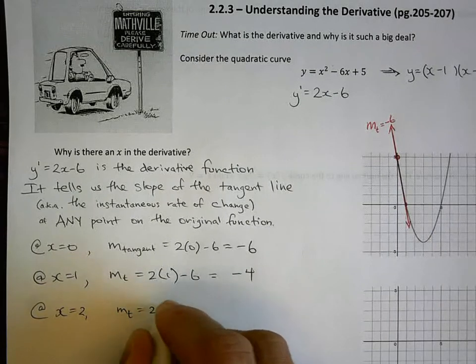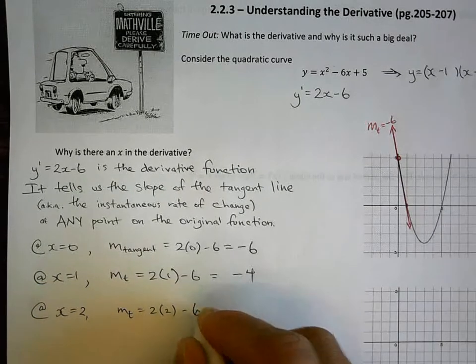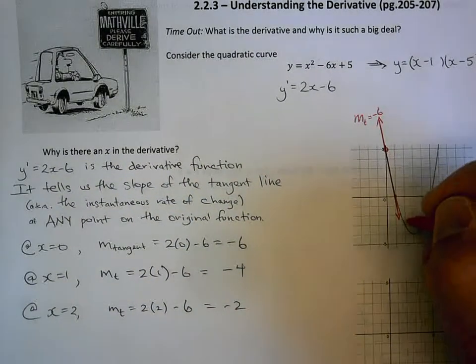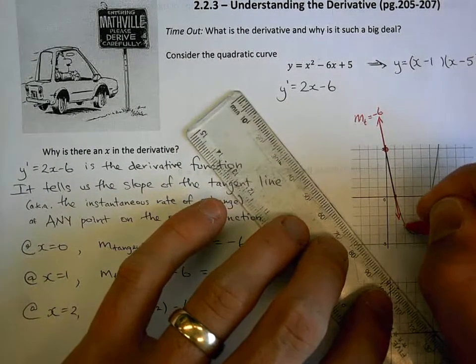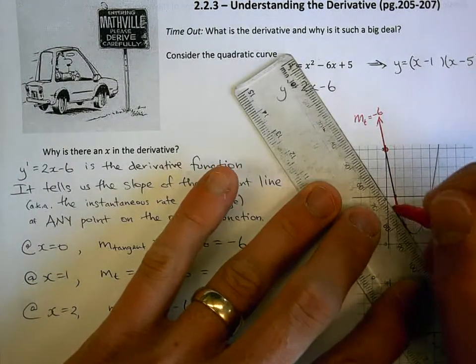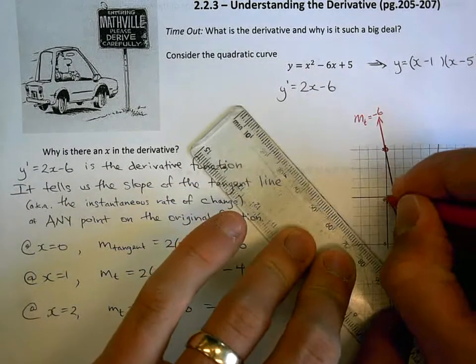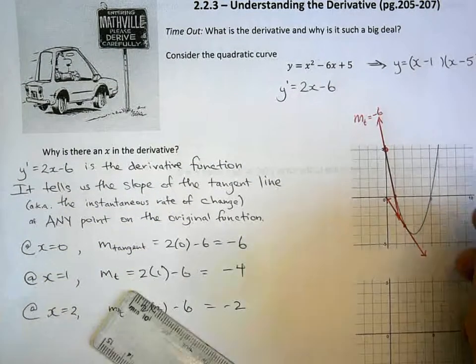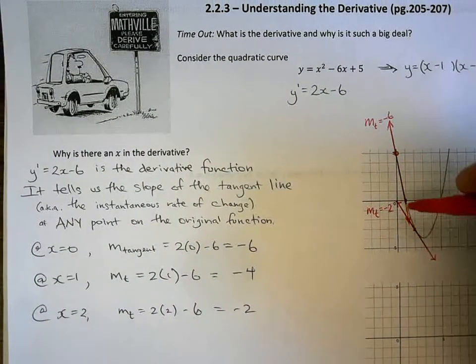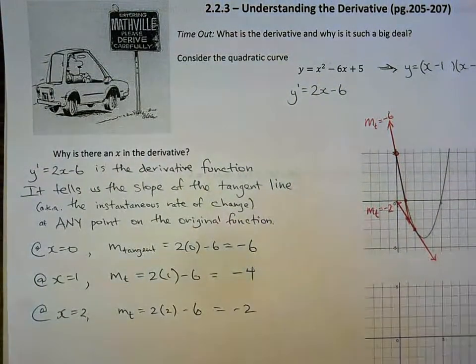Slope of the tangent is 2 times 2 minus 6. That's negative 4. Or sorry, negative 2 rather. And where's 2? Here is the point x equals 2. And this tangent would look something like this. And you could see that m of the tangent is equal to negative 2. It's definitely not as steep. It's the slope of negative 2.